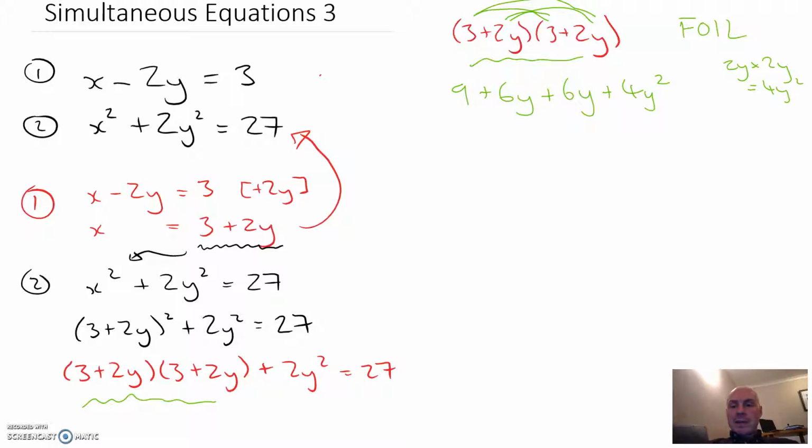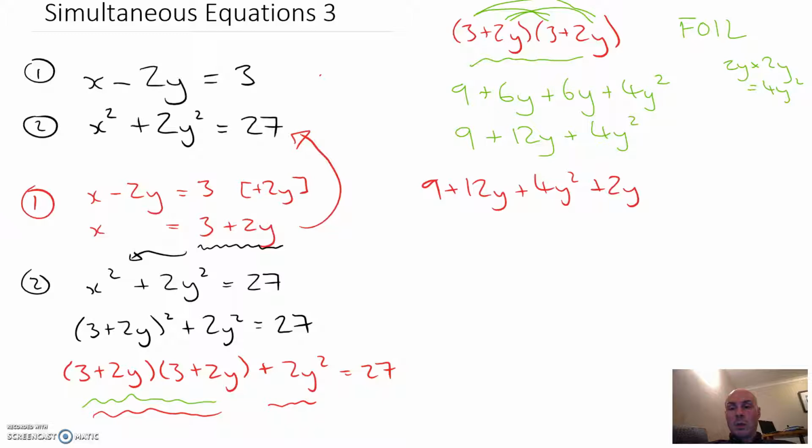Okay, so we've expanded those brackets. Now we can simplify that because we've got 6y in there twice. That gives me 9 plus 12y plus 4y squared. Okay, so we've done our expanding. Right, now that was only part of our whole equation. So we'll now write 9 plus 12y plus 4y squared, and then we had plus 2y squared, so I'll add that on, equals 27.